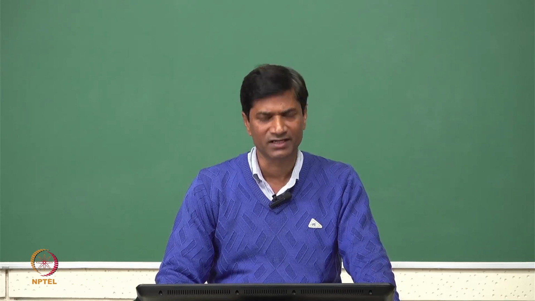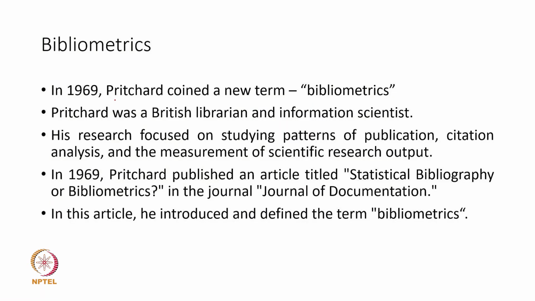Then in 1969, Pritchard coined the term bibliometrics. Pritchard was a British librarian and information scientist, and his study was focused basically on publication, citation analysis, and the measurement of citation research output.